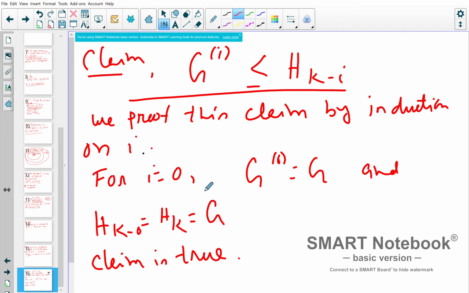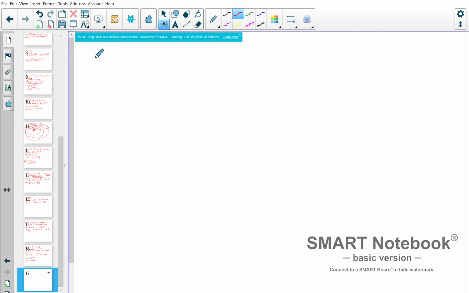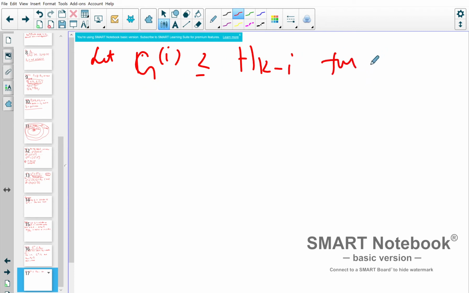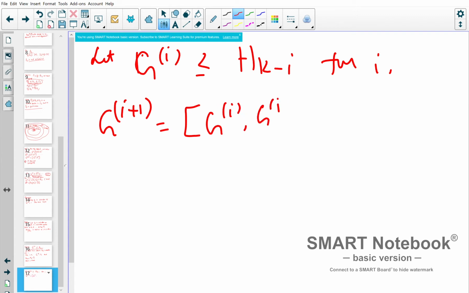The (i+1)th derived subgroup is by definition the derived subgroup of G^(i).